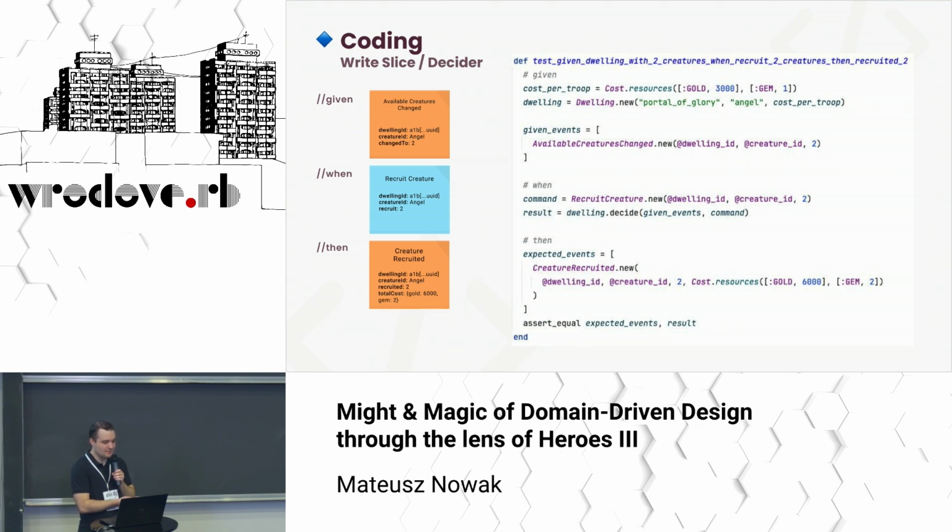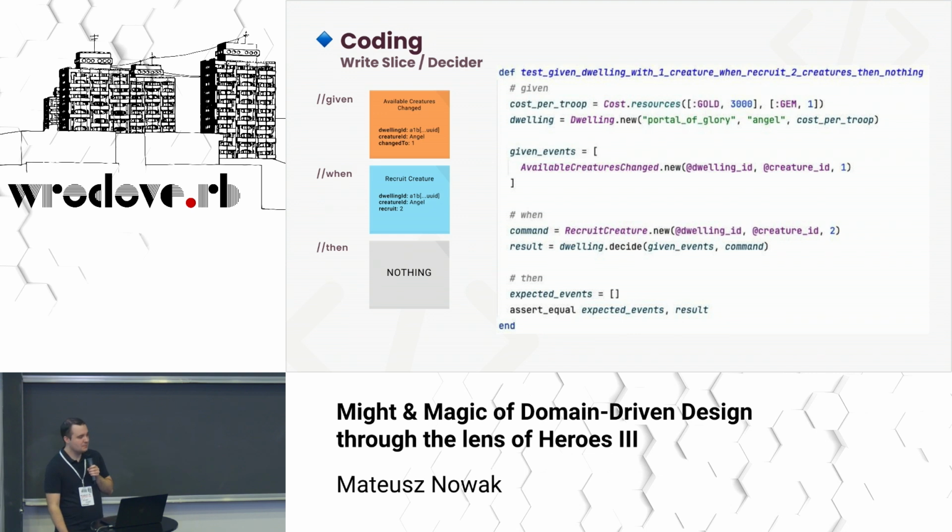When we have the command recruit creature, we create a new one, and the aggregate decides if the command would be accepted or rejected based on the previous events. And in this case, we expect that the events as a result of the command would be just one creature recruited, and at the end, a simple assert equal. But to have some conditions in our implementation of the decide function, we need at least two test cases.